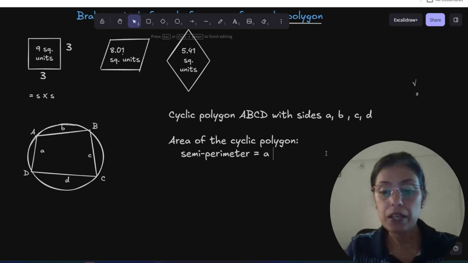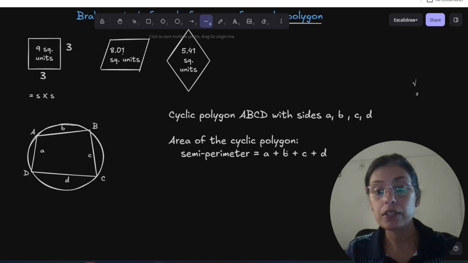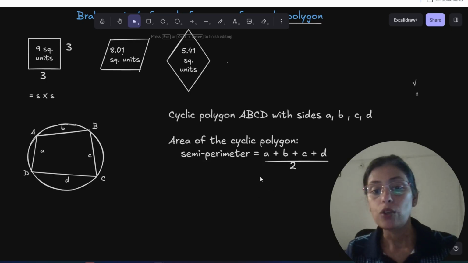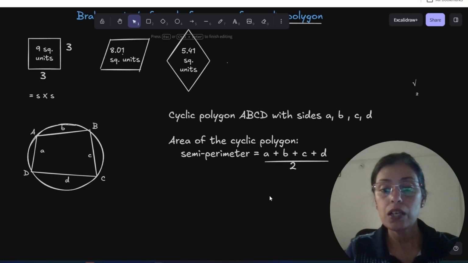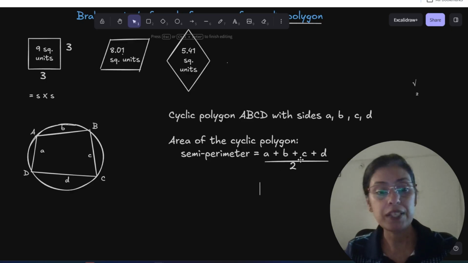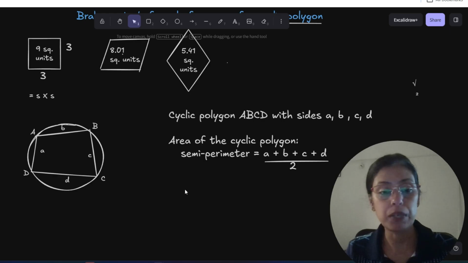The perimeter will be A plus B plus C plus D. See the first video in this chapter to revise what perimeter is, but I hope you already remember it because you have learned it in your lower grades. So this is our semi-perimeter, A plus B plus C plus D upon 2. Semi means half, so it is half of the perimeter.